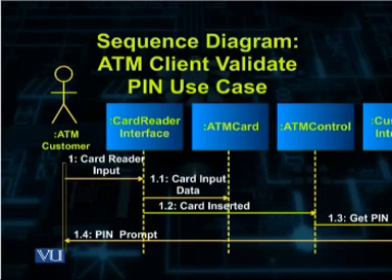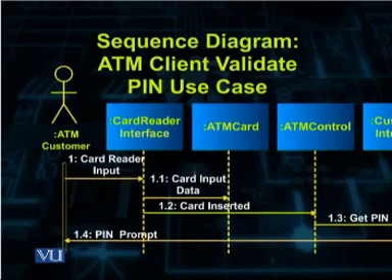Now if we compare this with the collaboration diagram or with the sequence diagram, we see clearly that the emphasis on this diagram is more on the sequence of messages with respect to time, as compared to the organization of objects or capturing the state of one particular object.